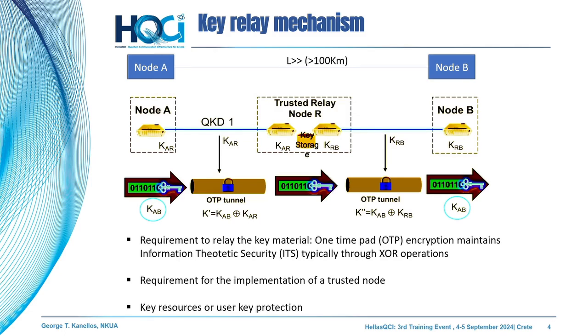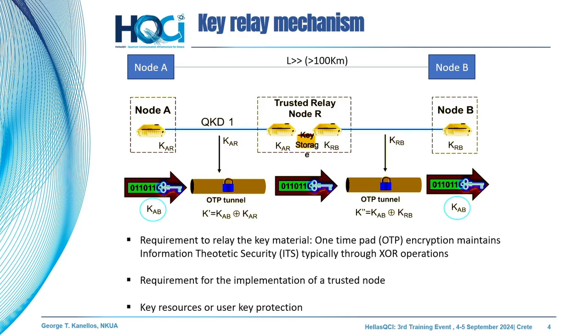So what is this? You have a pair of QKD devices, an Alice and a Bob, that produce symmetric keys between Alice and Bob. And then you have to use a second pair, again, a second Alice and a second Bob, that create a similar pair.